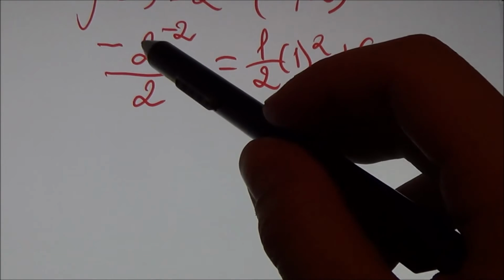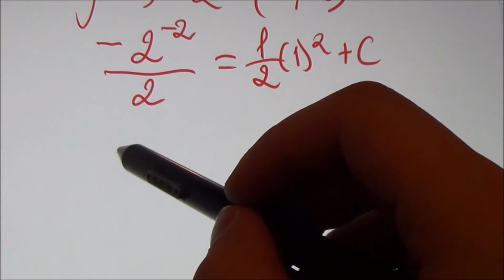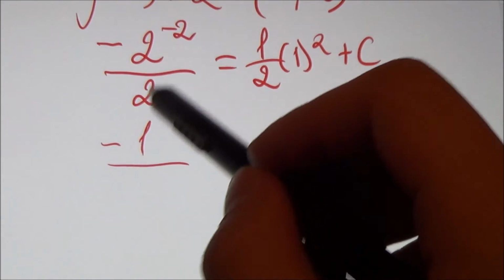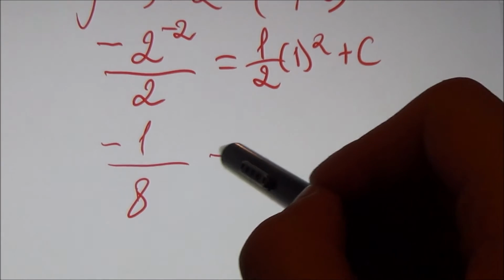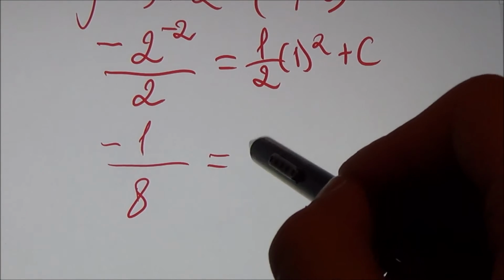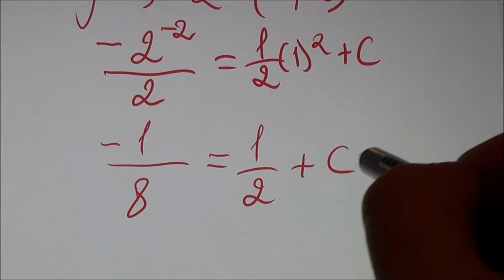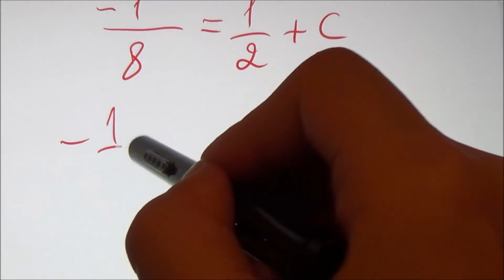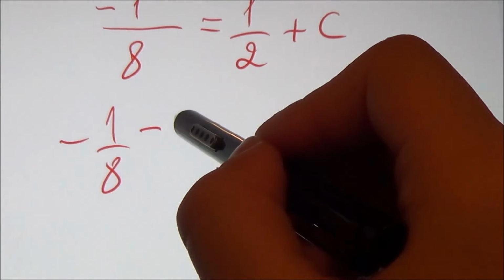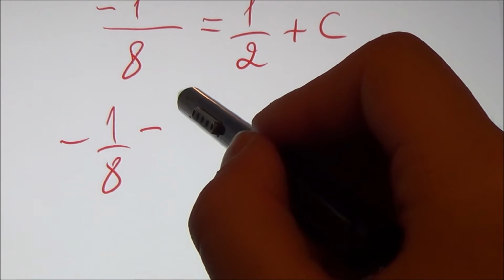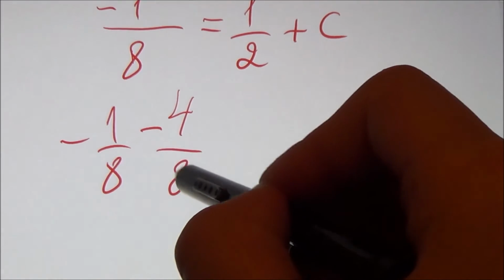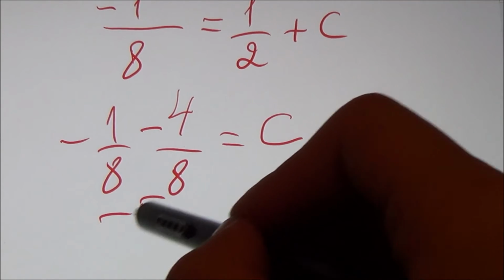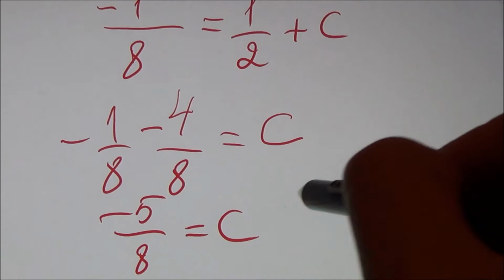So this could be brought down, and we'll have negative 1 over 2 squared, which is 4, times 2 is 8, equal to 1/2 times 1 squared, which is 1/2, plus c. Now we can subtract 1/2 from negative 1/8, which is really 4/8, is equal to c. So this is going to be negative 5/8 is equal to c.